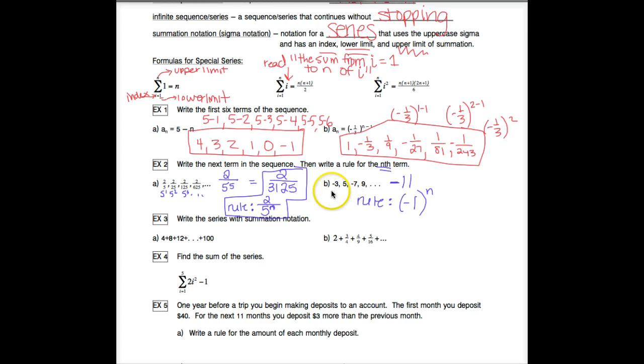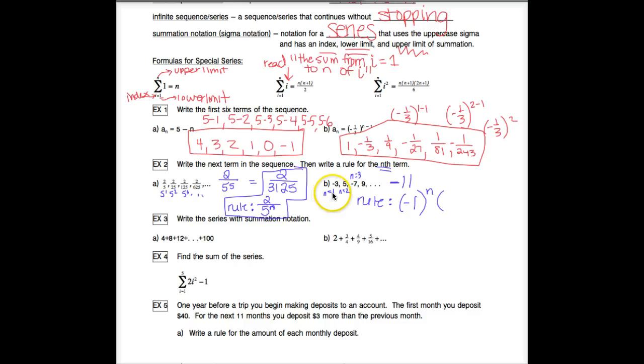So now I need to come up with a rule to relate n. So here n is 1, here n is 2, here n is 3 because that's the third term, to come up with the rest of it, the 3, 5, 7, 9. So if I just do 1 plus 2, that gets me 3, and this part gave me the negative, but 2 plus 2 isn't 5, so that doesn't work.